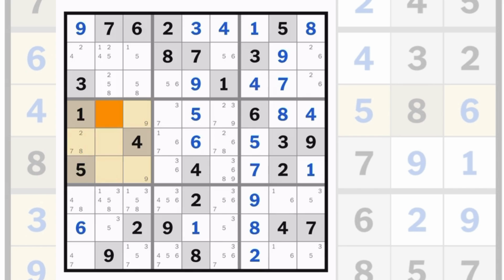So we post the remaining numbers in this block, so it will be 2 and 2, similarly 3 and 3, 4, 5, then this will be 6 and 6, then this will be 7 and 7, then we have 8 and 8, and 9 is already posted.